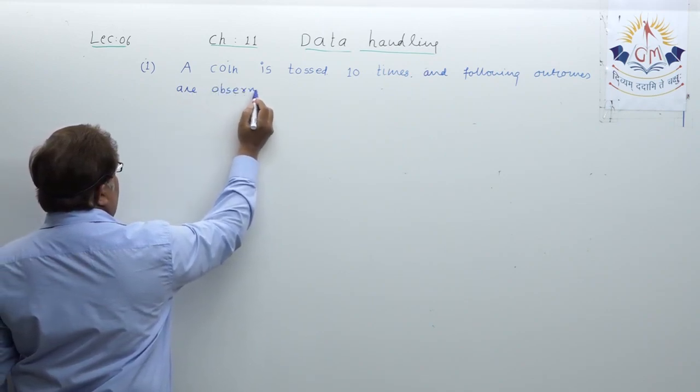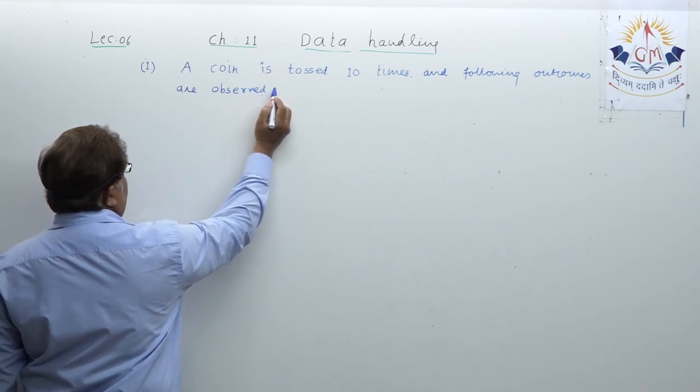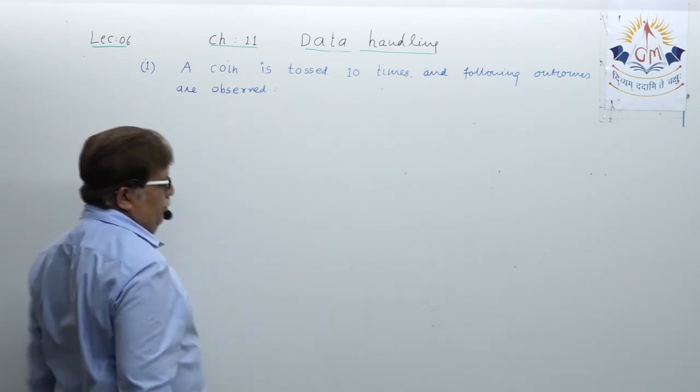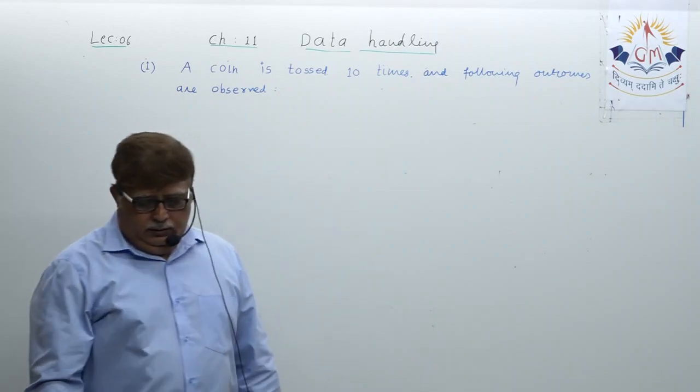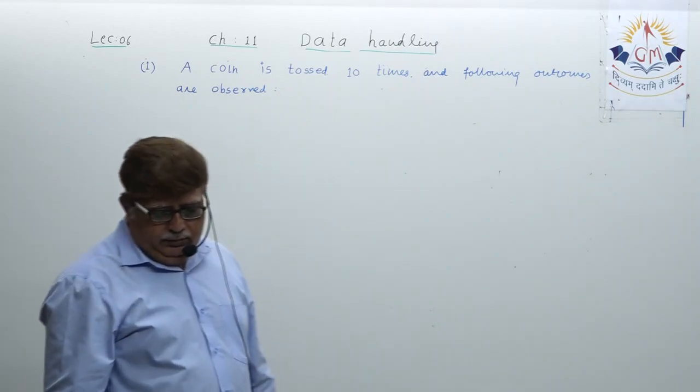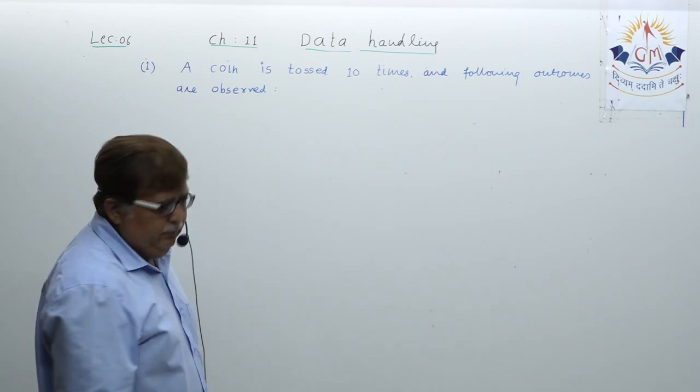Understood? A coin is tossed 10 times and following outcomes are observed.